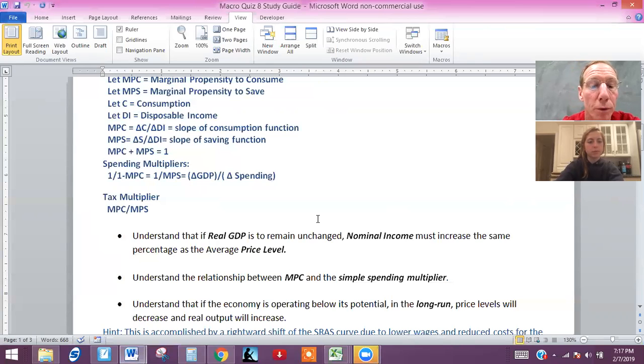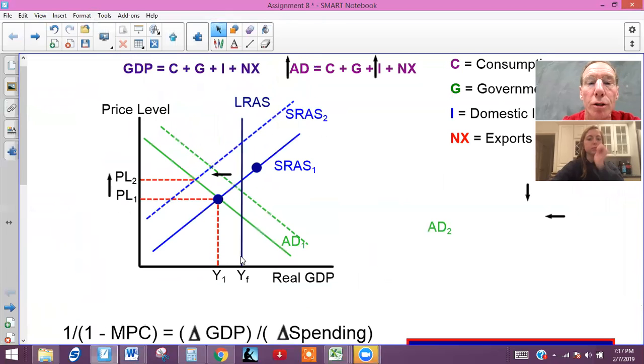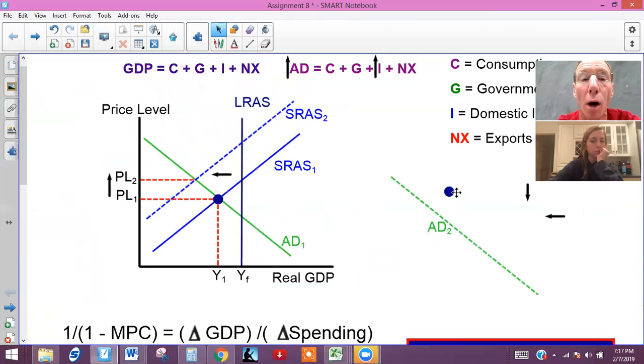It's always good to go to the graph because it makes it easier to understand. So what's really happening? The question we have to ask is, why would price levels go up? They don't just go up to go up. They go up most likely because supply gets more expensive.